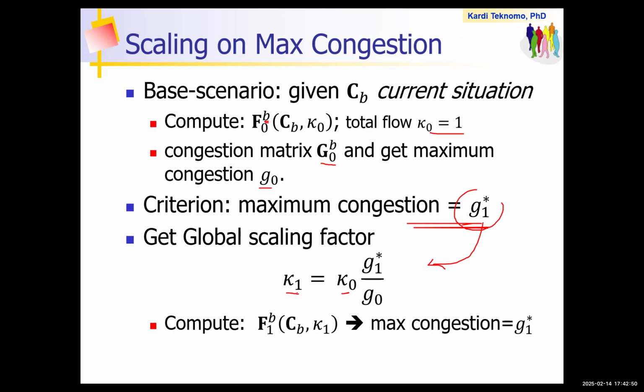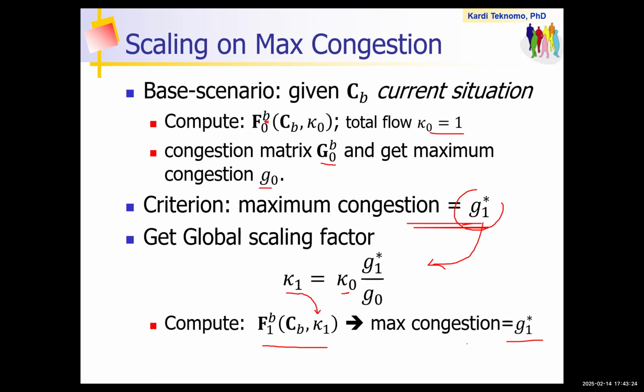Even though you initially don't know, because you know the maximum congestion that you want as your target, suddenly you get the new ideal flow matrix based on this K1. Of course, you can test it, and it will always give you the maximum congestion that you want. This is the basis of calibration.